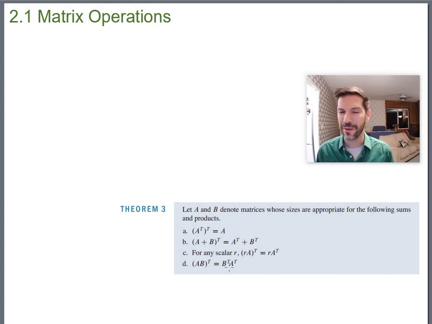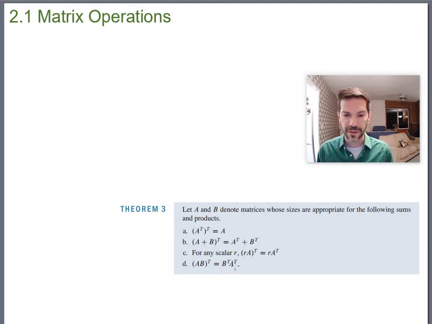I'm not going to prove that right here. I'm just going to point it out. I will just say that if it was in the same order, like if you were trying to do A transpose, B transpose, probably the dimensions wouldn't even match. Right? When you flip rows for columns, then you probably don't have the right number of columns to match the rows here anymore. But it does work in the opposite order.